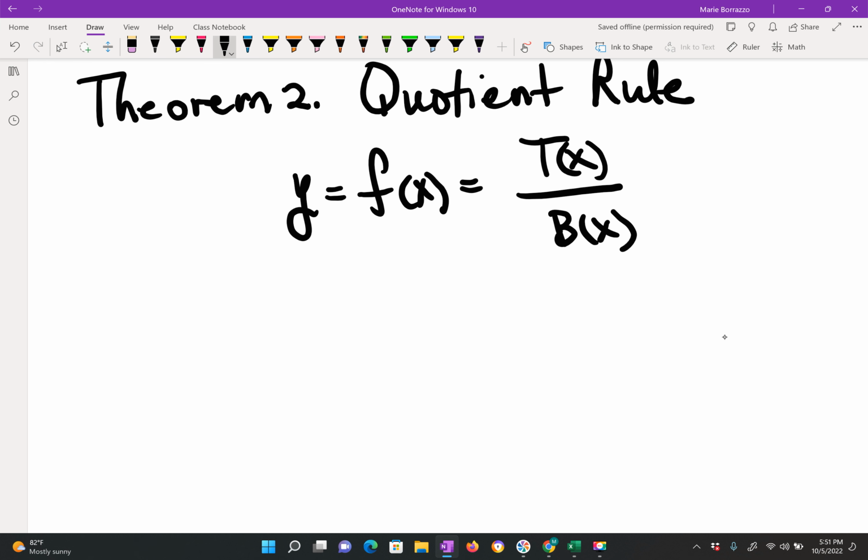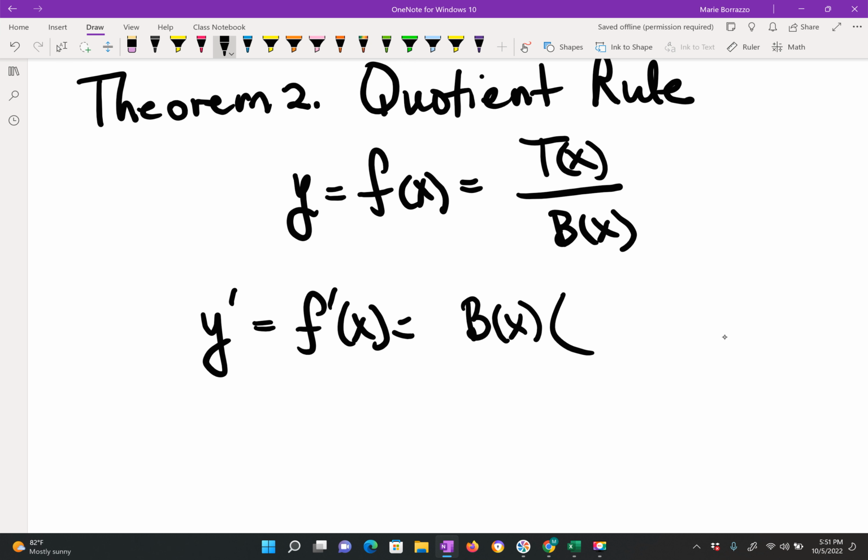So this derivative, as it reads, that first derivative, is equivalent to the denominator times the derivative of the numerator, and the order matters because this is in the formula.